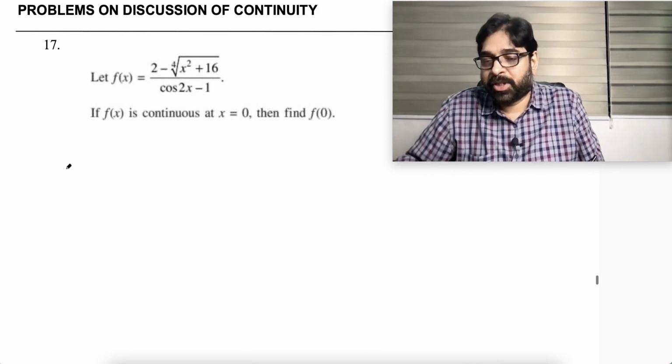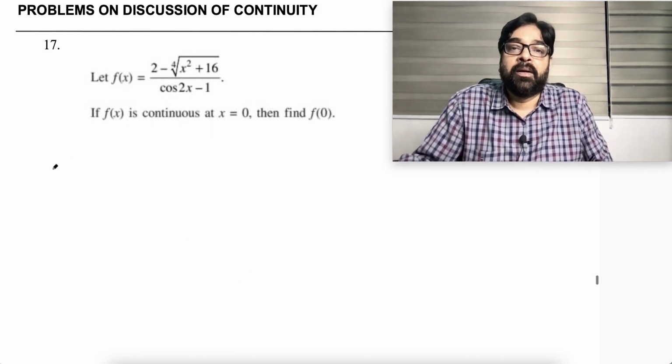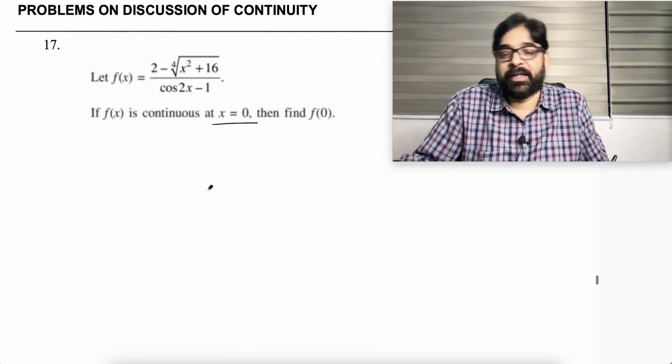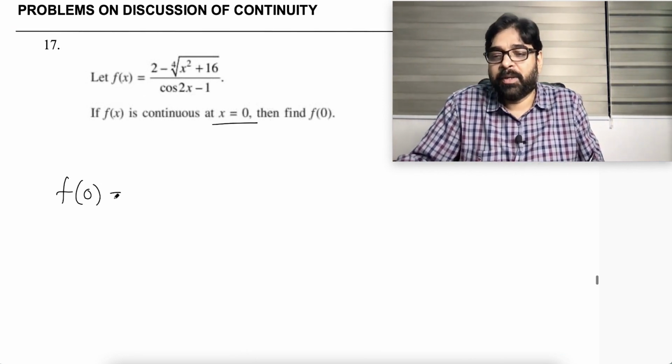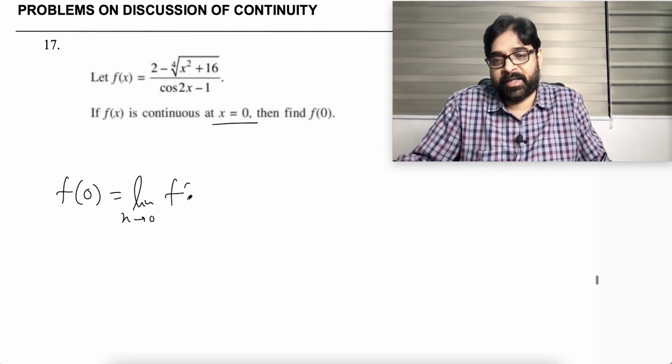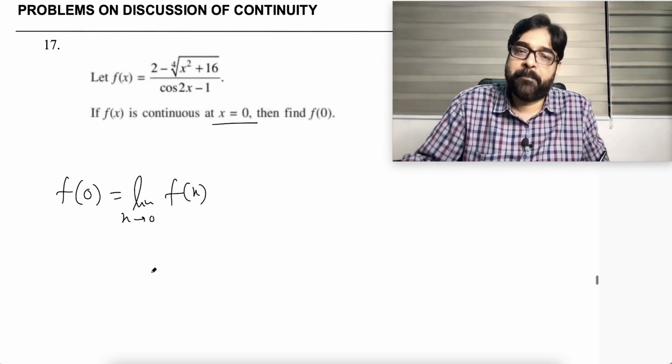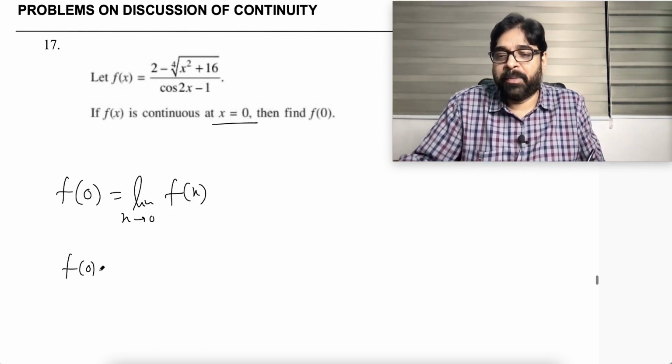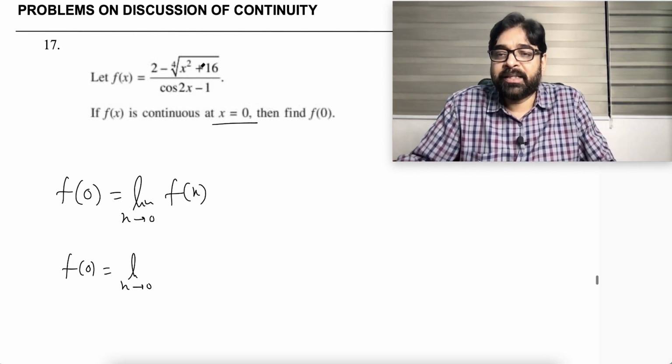Alright, it's a Chinnu Munnu question. What question? f(x) is continuous at x equal to 0, find f of 0. Okay, brother. f of 0 will be equal to limit x approaches 0 of f(x). Yes or no? From here can I take 16 common?